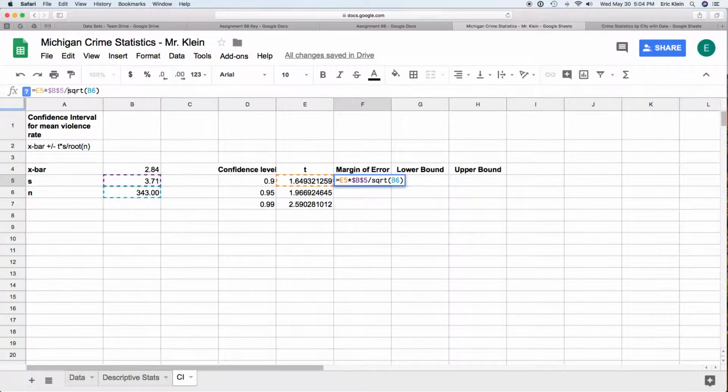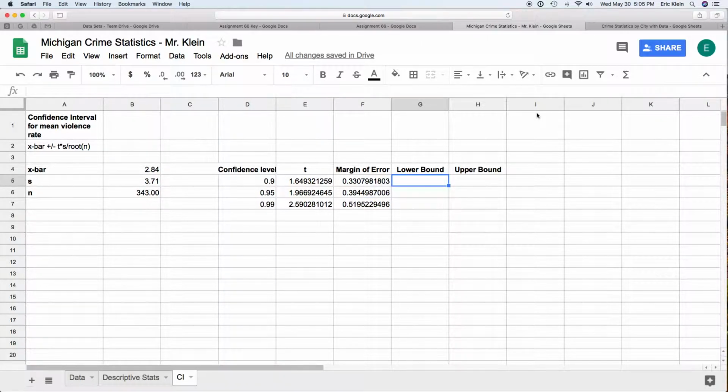Enter our friend, the dollar sign. You'll notice as you scroll up, look at that: E5, E6, E7, but nothing else changes.